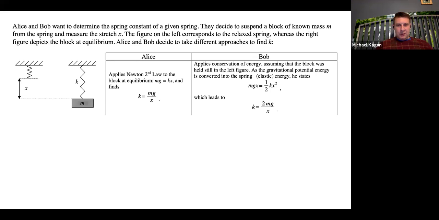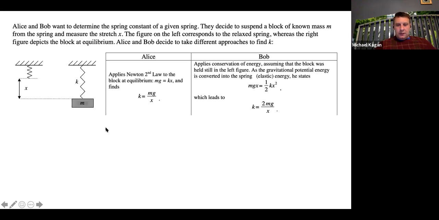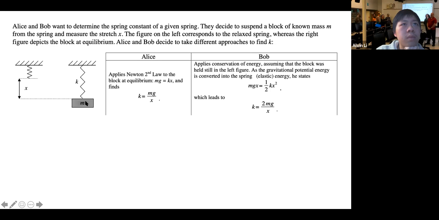What do you mean? Like the wall exerts a force on the spring as well when you stretch it. Oh, you don't really stretch it because it's being stretched under the influence of the box.